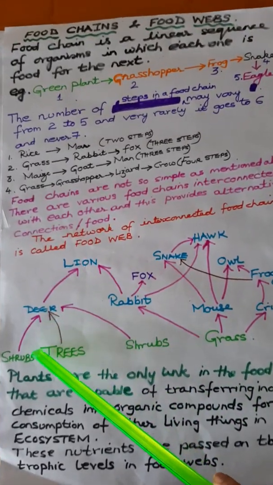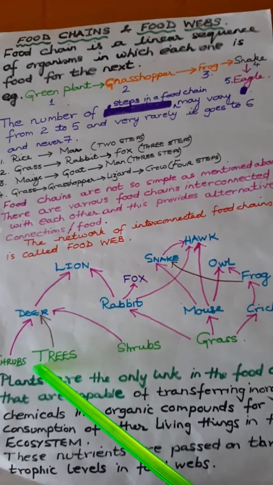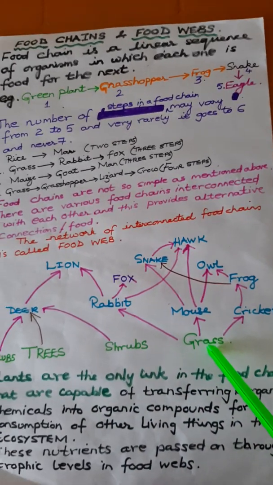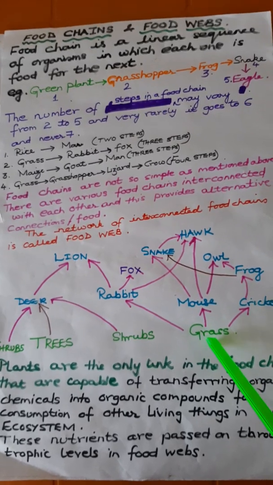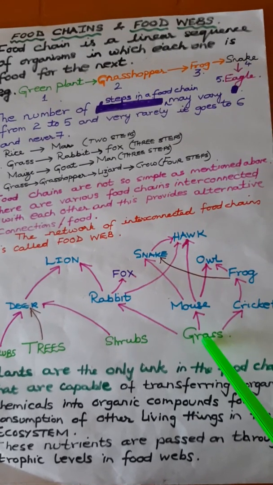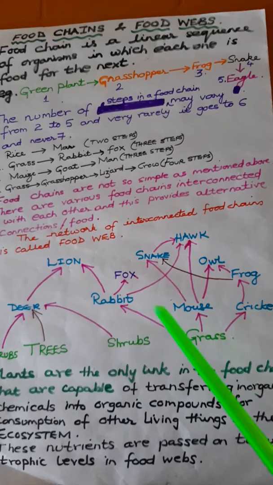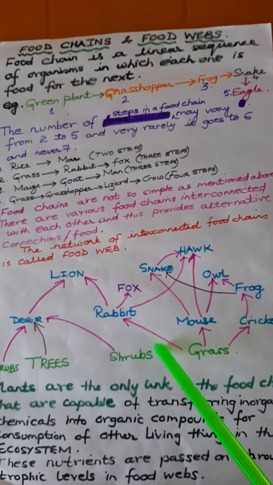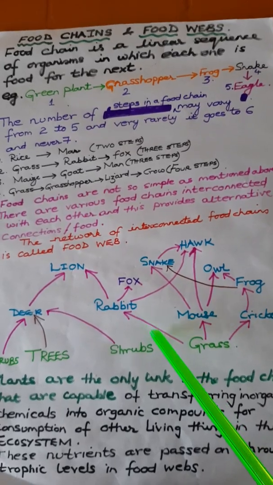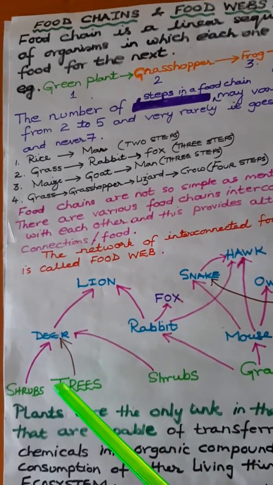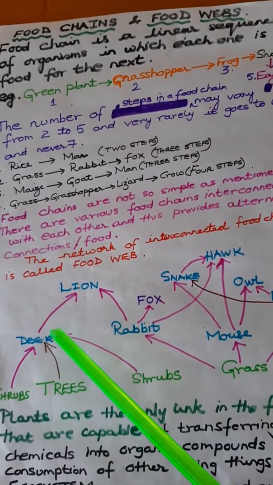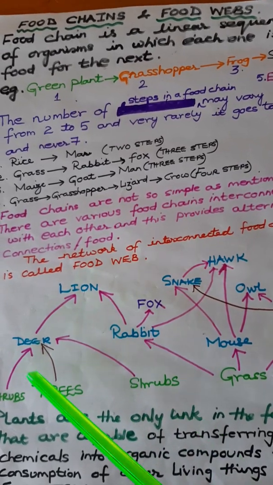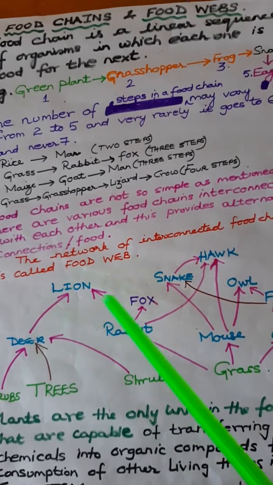See over here, at the bottom you can see all plants, because any food chain will start with the plant, the producers. The producer may be grass, shrubs, trees, bushes, anything, but it has to be a plant at the bottom of a food chain. So see over here, shrubs and trees eaten by the deer, again eaten by the lion. This is one food chain functioning.